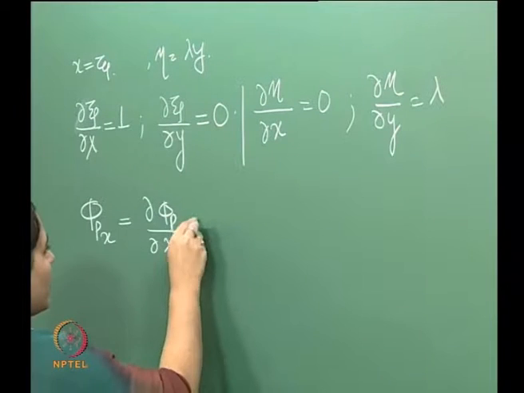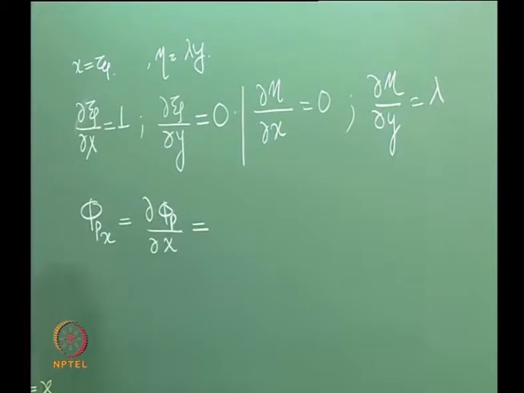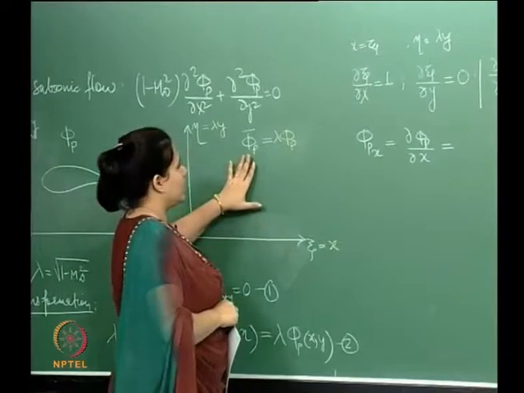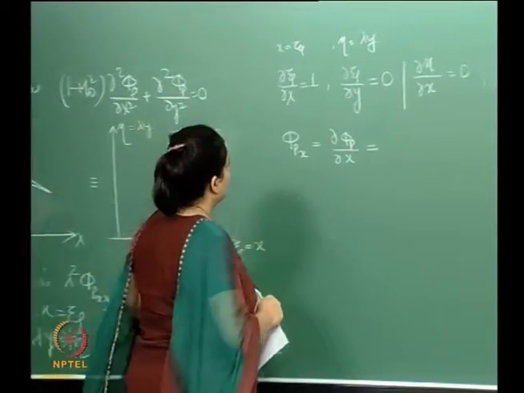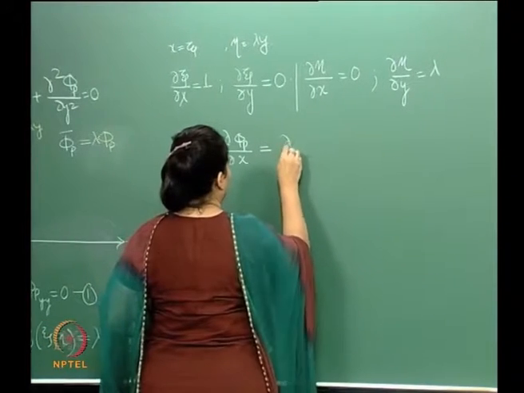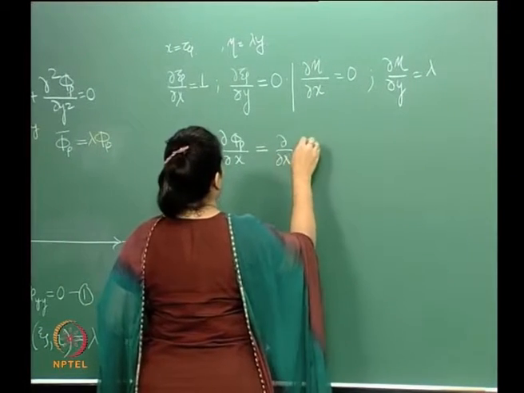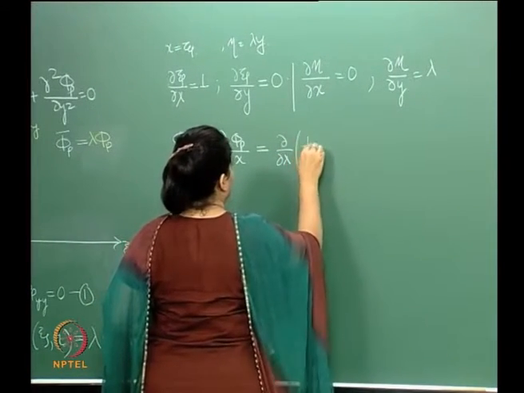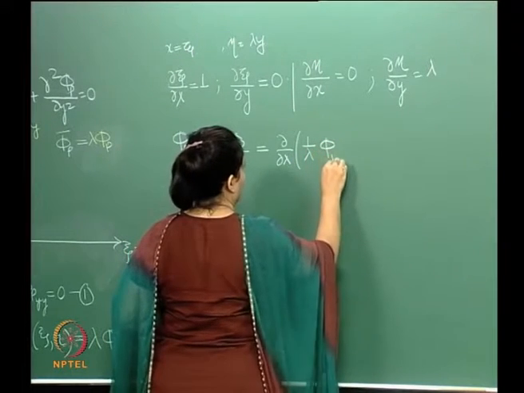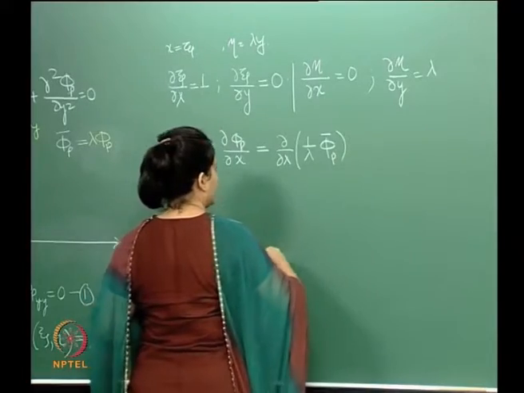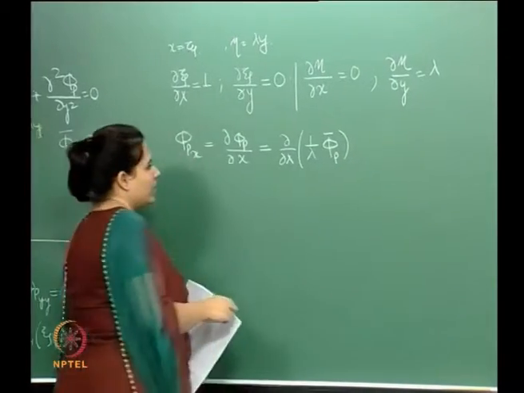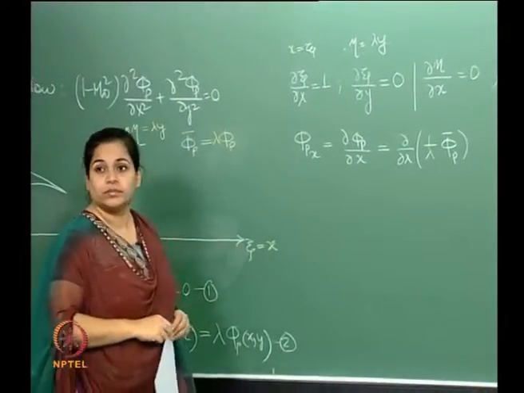So, then I can write this in terms of the perturbation potential in the transformed coordinates, right. So, this is this, isn't it?